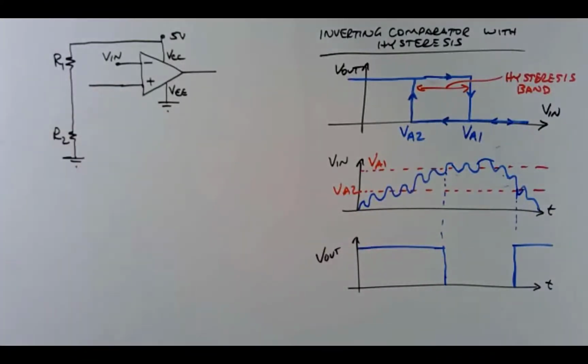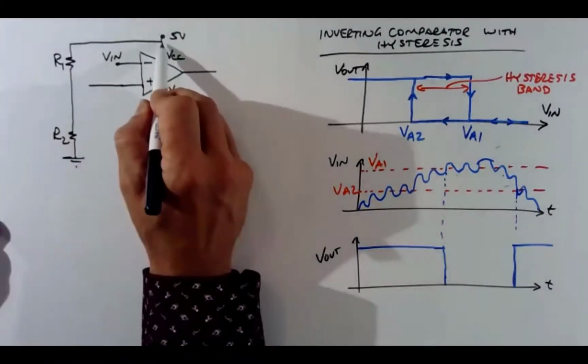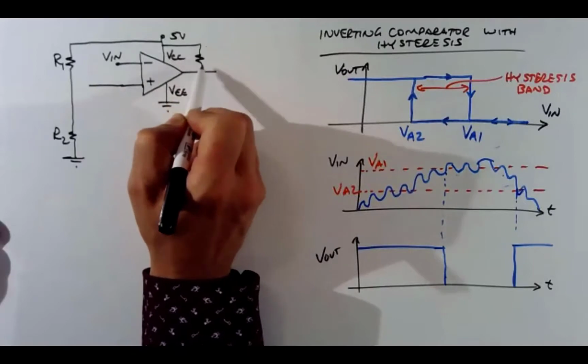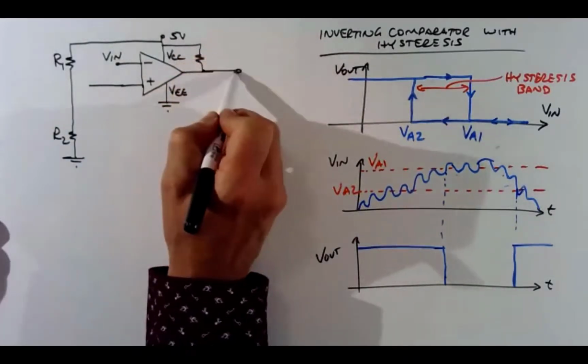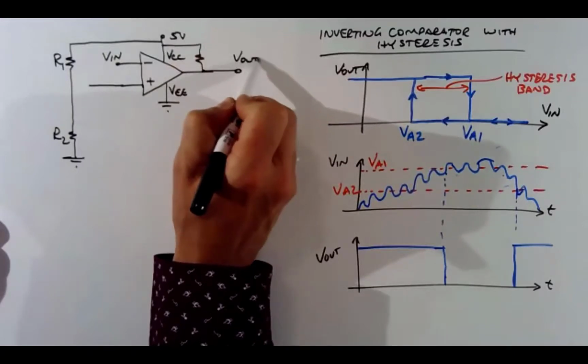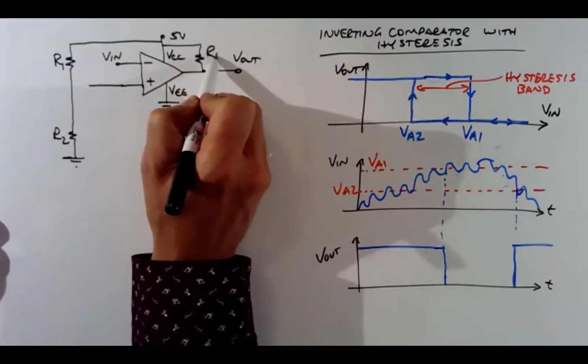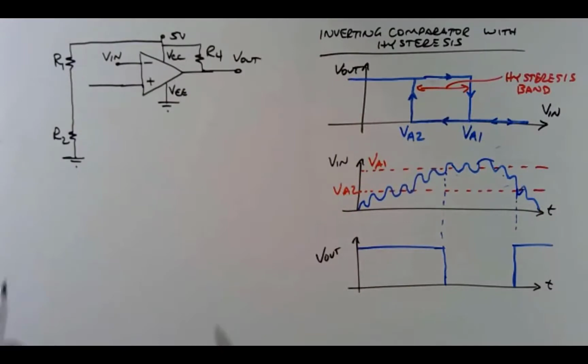All right, so that's exactly what we had before. Let me add the pull-up resistor. You know why that's needed now, so that you can get a high at the output. I'm going to call that R4. I'll show you why in a second. So that's just a simple comparator.